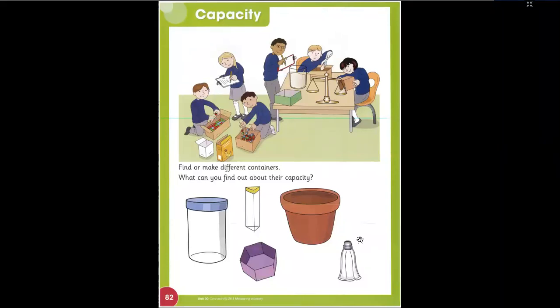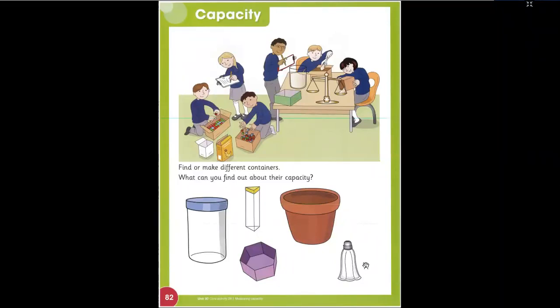But all are containers. Some hold the most, some of the containers hold the least.